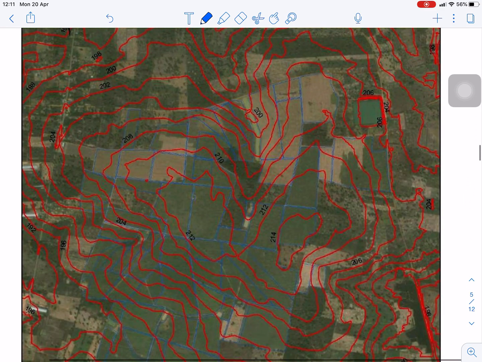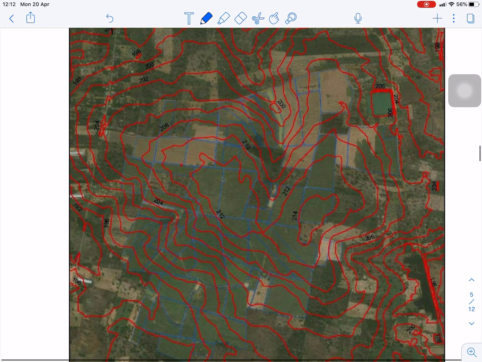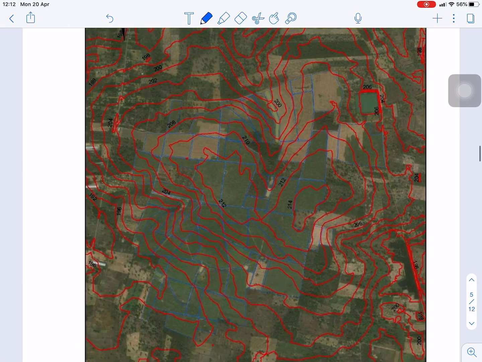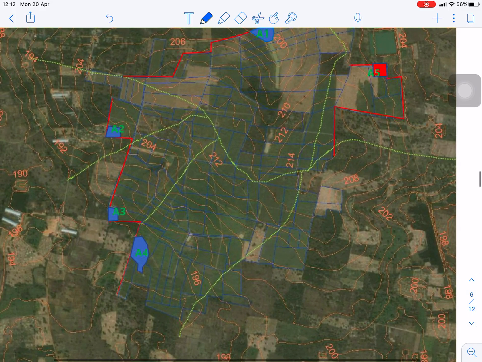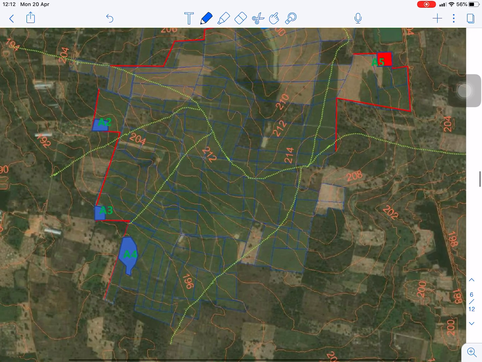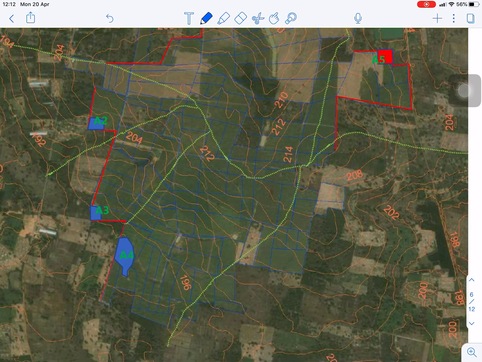And this is another view. We plot the contour line on the aerial photo map, and finally we can divide. We can draw the subcatchment dividing based on the dashed green line.